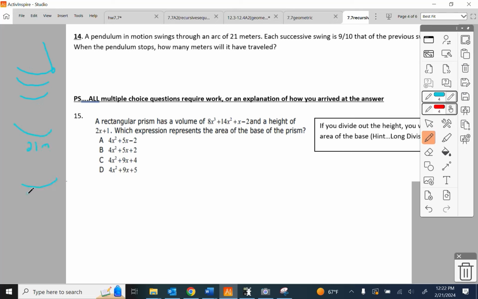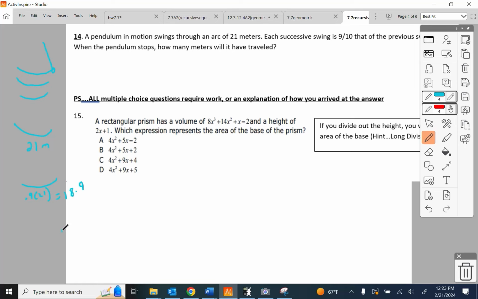Its next swing is 9/10 of 21, which is what? 18.9. No, that's not right, is it? 9/10 of 21 is 2.1 times 9. Yeah, 18.9.